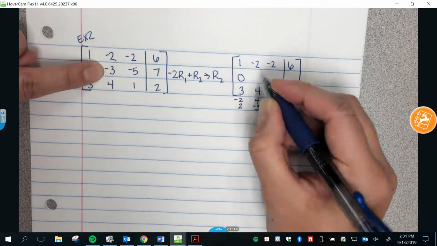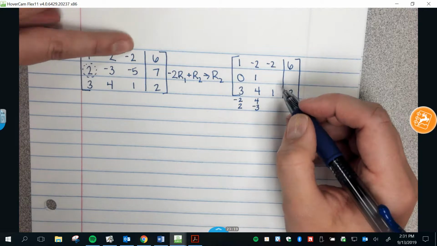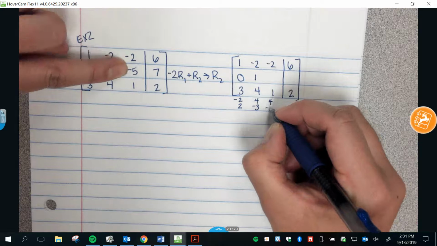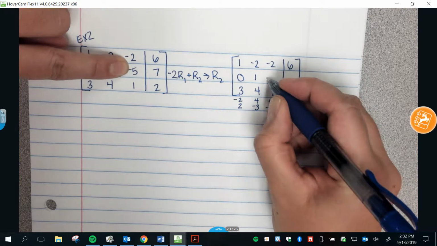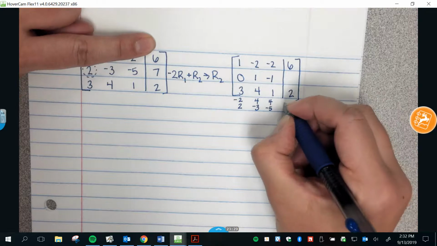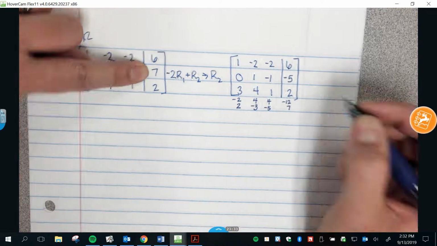Add those together, I get 1. Negative 2 times negative 2 is 4, plus negative 5, I get negative 1. And negative 2 times 6 is negative 12, plus 7 makes negative 5.